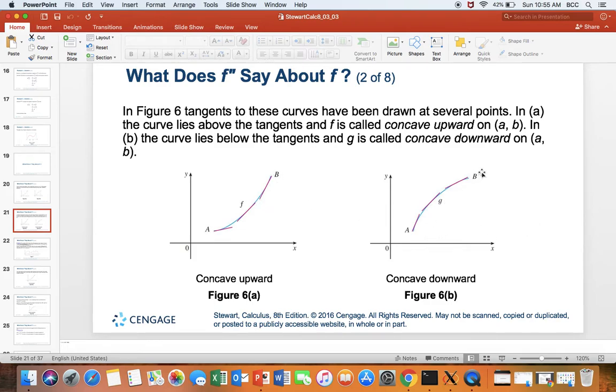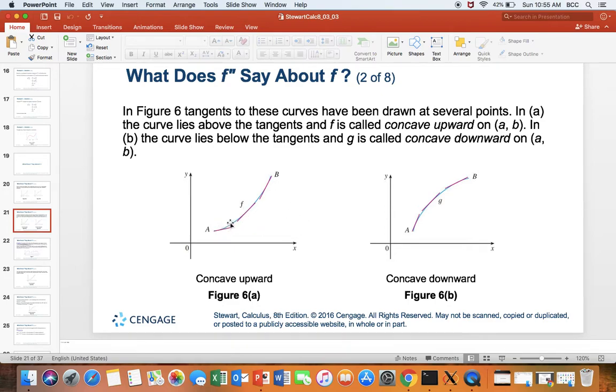The graph g is below all the tangents. How can you possibly draw a tangent inside? It will cut. The tangent here has to be drawn above, so on. Likewise, this one, the tangent has to be drawn below, not above.